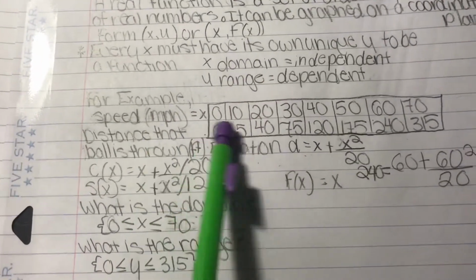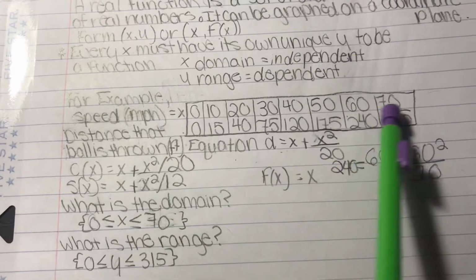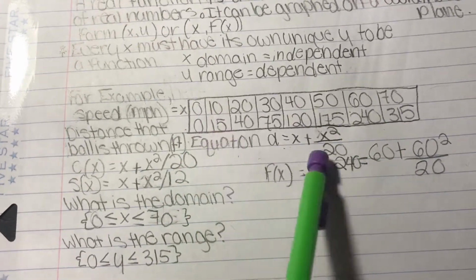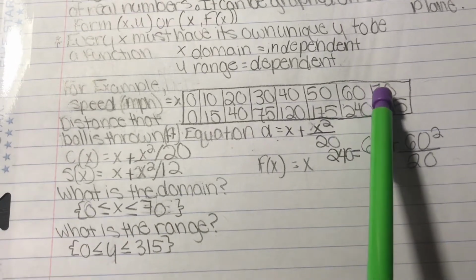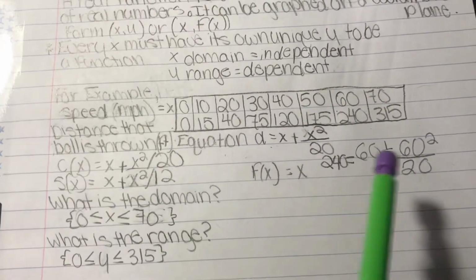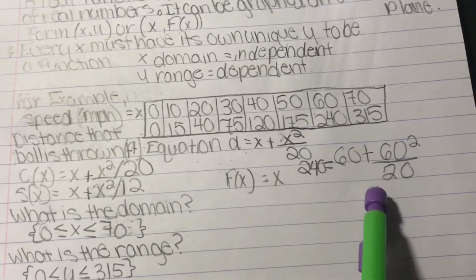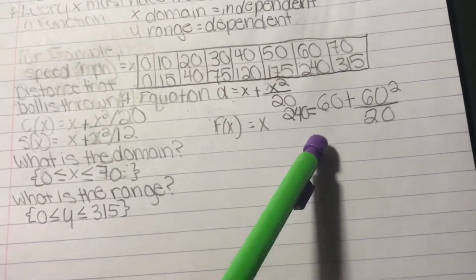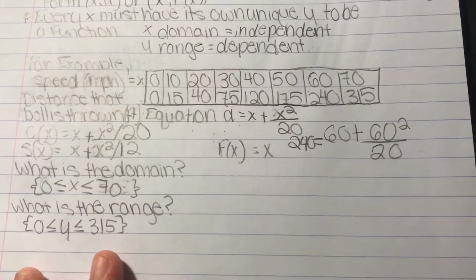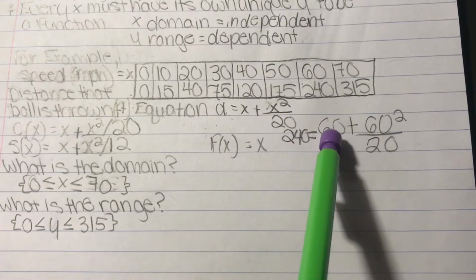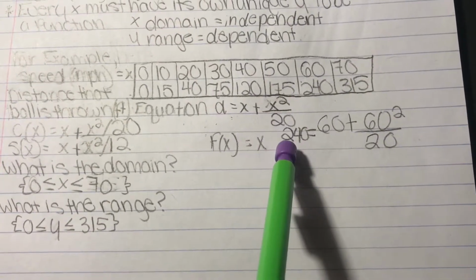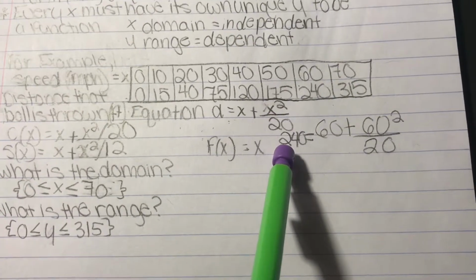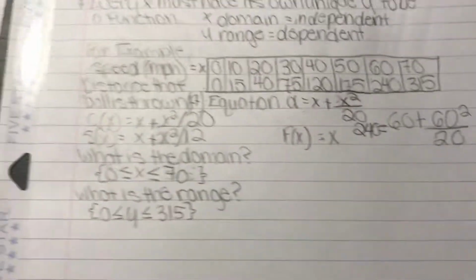If you plug in any of these top row numbers, the distance will come out to be these. Say you have a speed of 60 miles per hour, you would plug in the 60 for the x, and then out would come the distance, which is 240 feet.